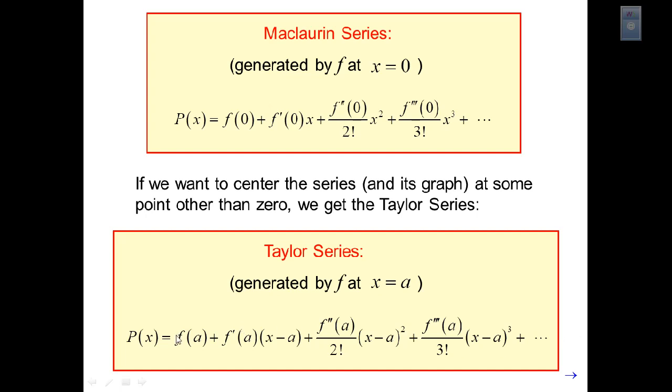You're going to notice that this is significantly more difficult because you have f evaluated at a, which is not 0, f prime at a, but then you have to multiply by the binomial x minus a. Over here, you have x minus a quantity squared, x minus a quantity cubed. And if you want to simplify that down to a simple polynomial, then you actually have to FOIL that out and distribute and all that stuff.